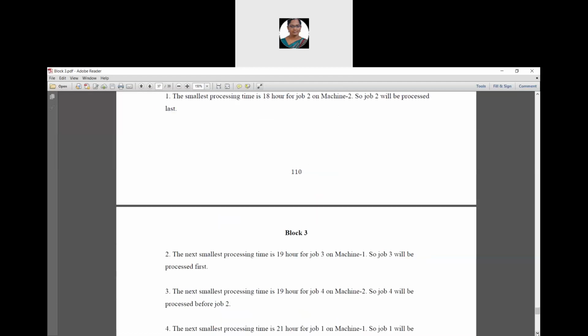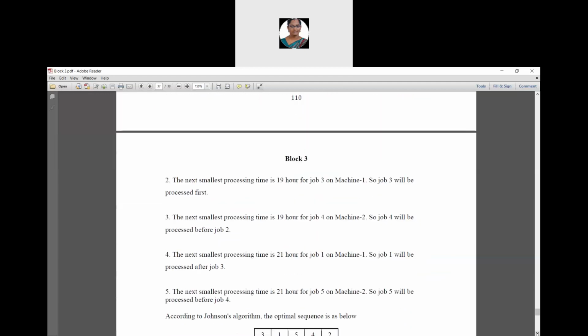Then the next smallest processing time is 19 hours for job 3 on machine 1, so job 3 will be processed first. Then the next smallest processing time is 19 hours for job 4 on machine 2, so job 4 will be processed before job 2.